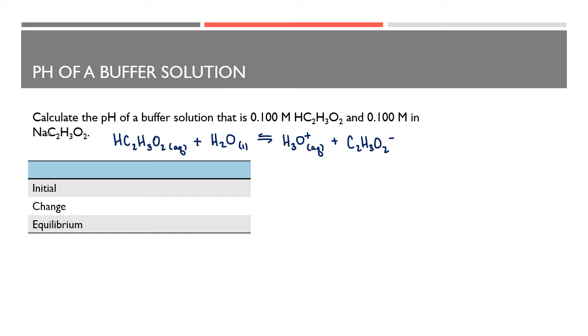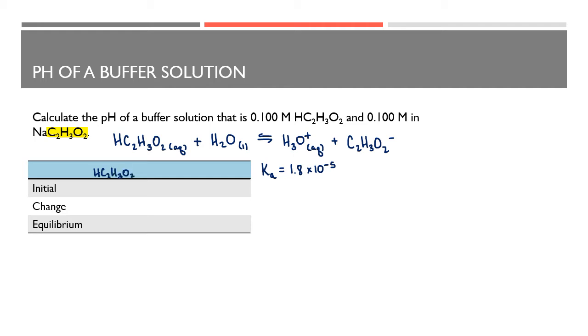One thing you're going to notice about this equilibrium equation is there are two sources of acetate ions. One is in that acid-base dissociation, and the other is in the sodium acetate, that 0.100 molar salt solution. Now the Ka for acetic acid is 1.8 times 10 to the negative fifth.